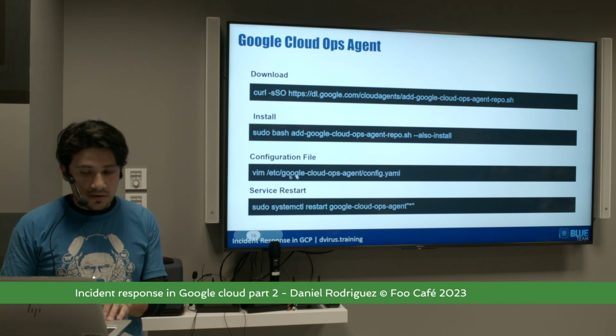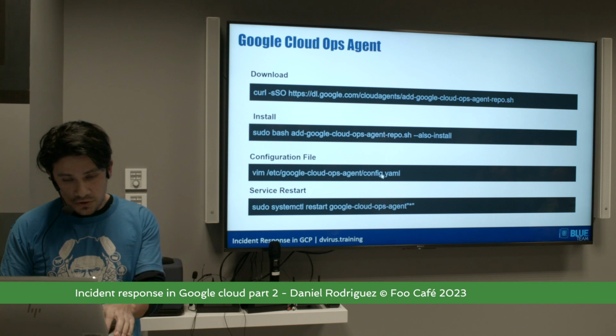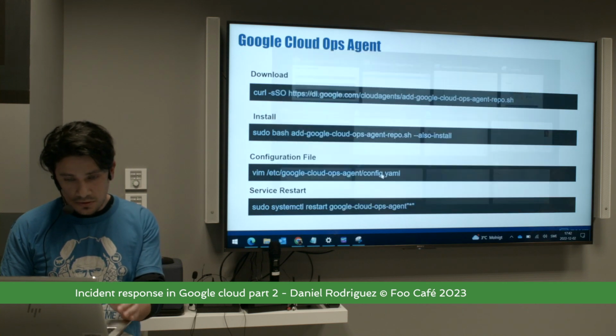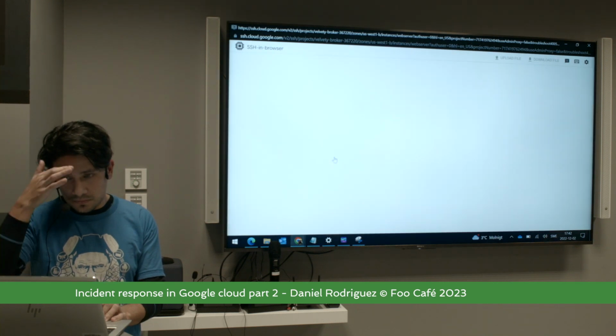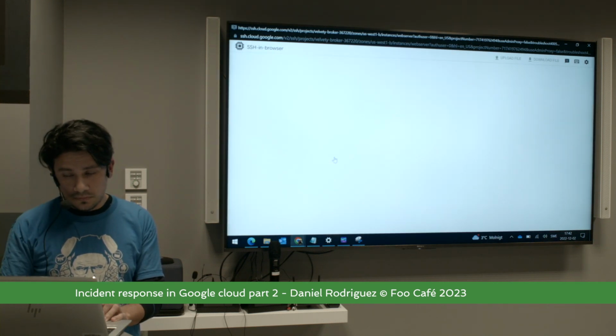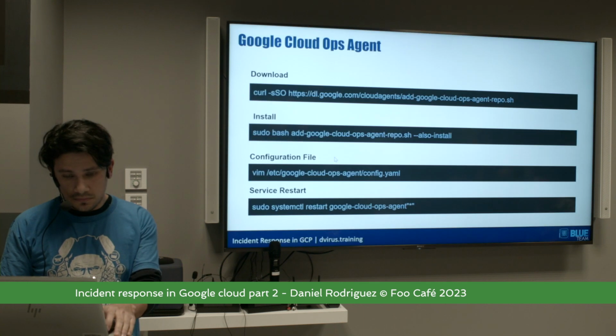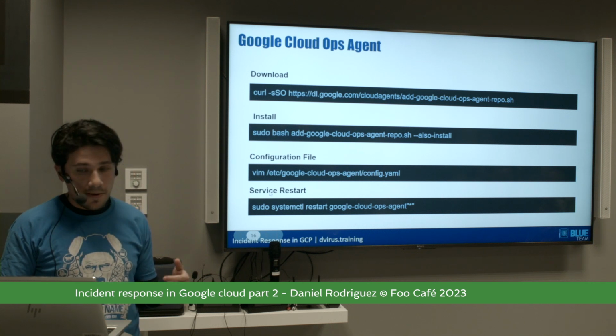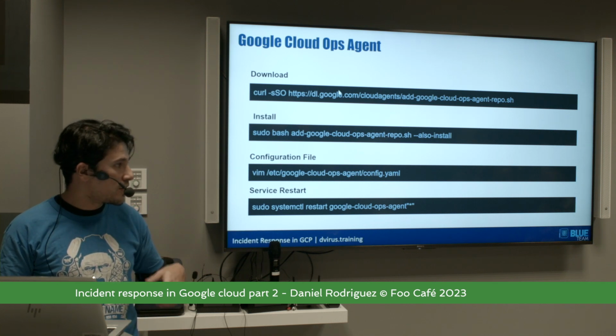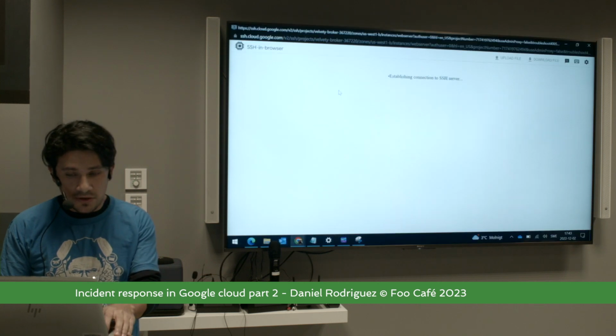We need to edit this configuration file, so I will show you why it's important. And the last thing is to restart the service, so the agent takes the configuration.